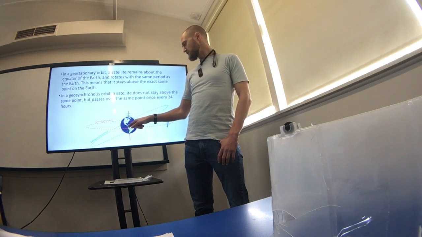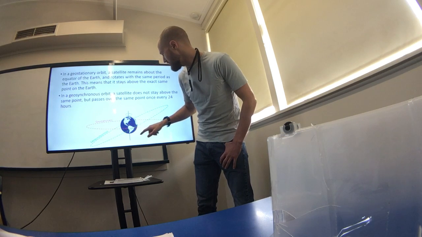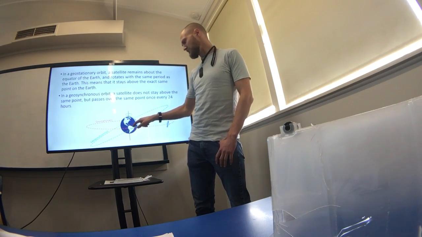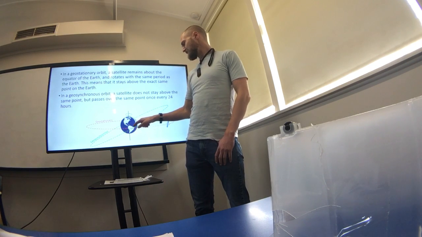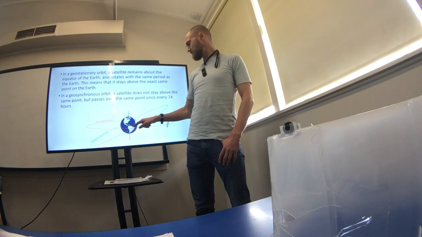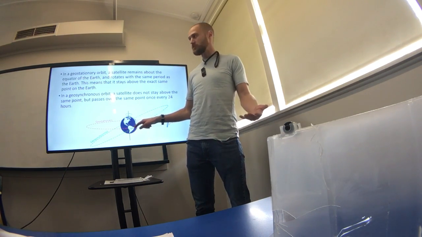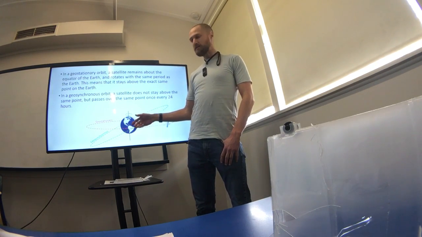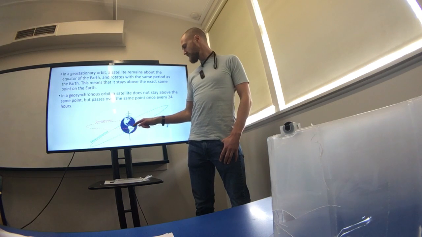So if I'm guessing that this is Brazil over here, and a satellite is above this point in Brazil and it's in geostationary orbit, what that means is that 12 hours later, it's going to be above that exact same position on Brazil.